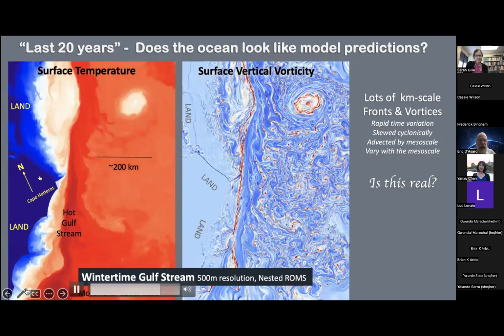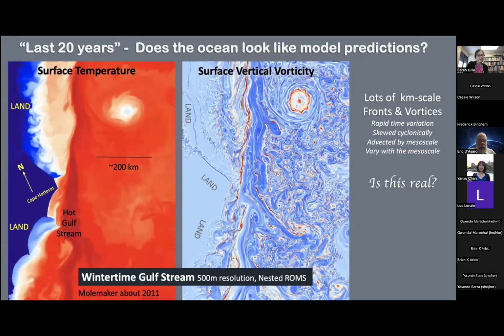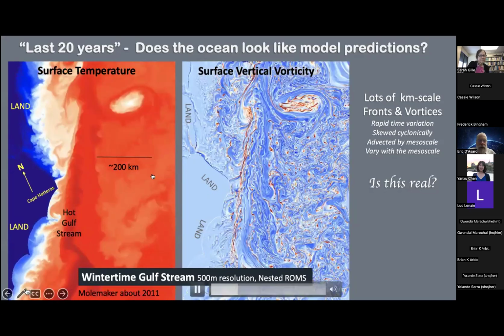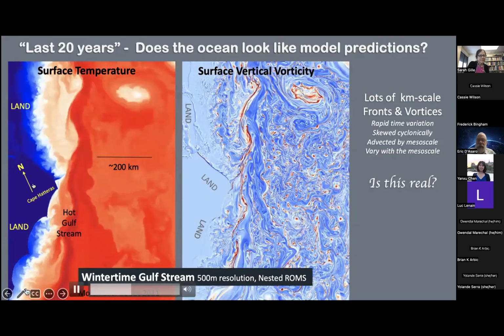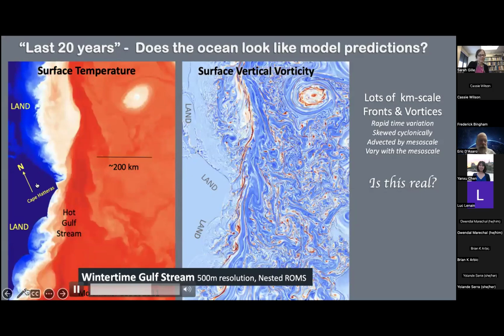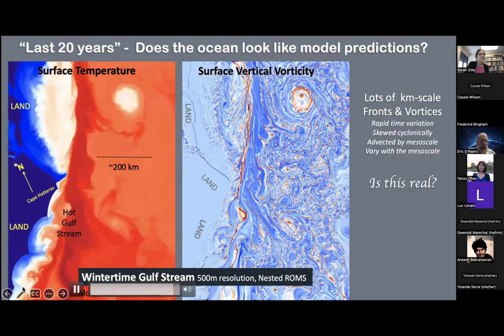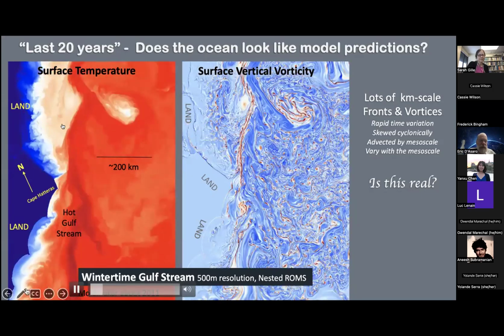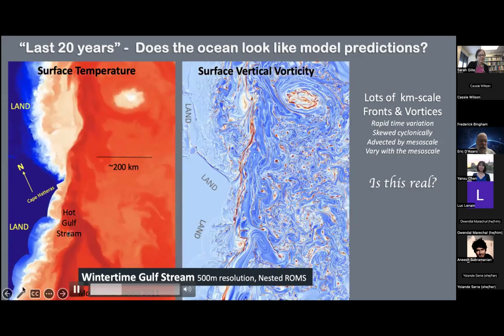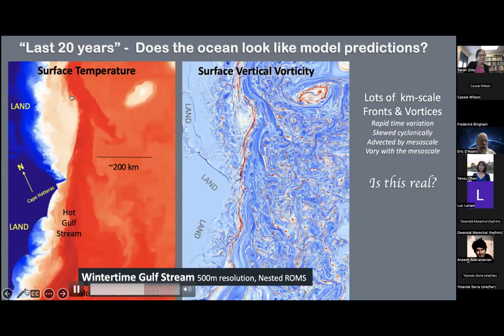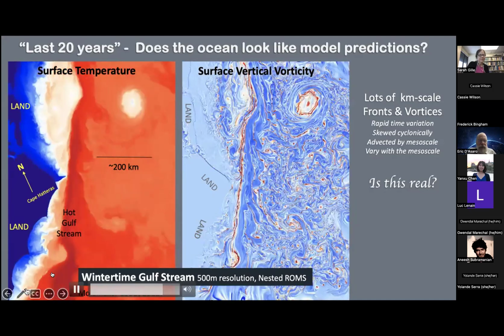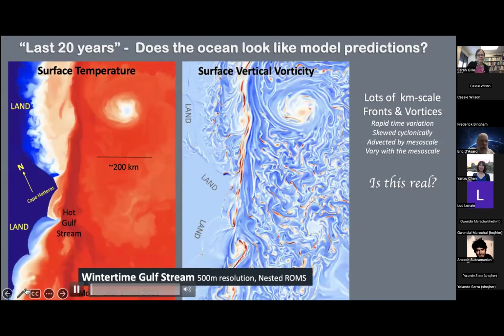Can you guys see my mouse? Yes, okay, thank you. So this is Cape Hatteras. North is that way. This is the Gulf Stream going north, and it's hot. That's why it's red. Here's a Gulf Stream ring. Here's the Gulf Stream front. So if you're looking at temperature, this is sort of a mesoscale view of the world.